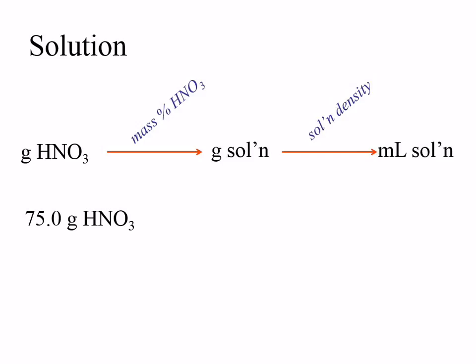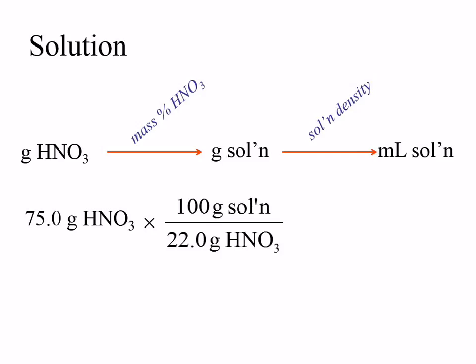So if I want grams of HNO3 to cancel and be left with grams of solution, what's my second term look like? 100 grams of solution over 22 grams of HNO3. I'm liking that, yep. See what Mike was saying? Mm-hmm. Yep, it's what I call the flipped version of the weight percent.